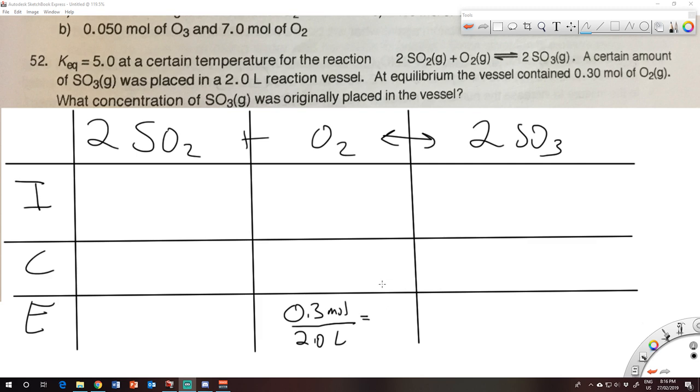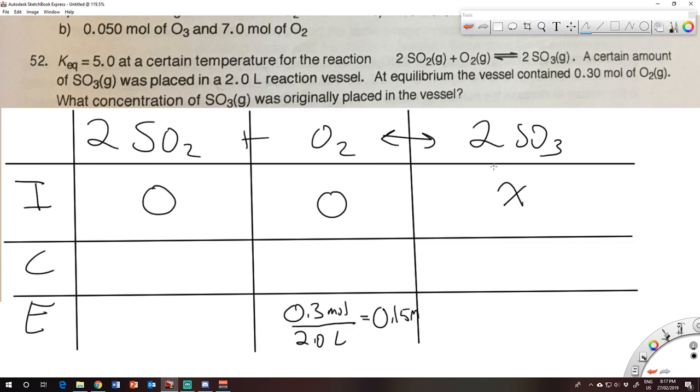It's probably easier to work in concentrations. So 0.3 divided by 2 is 0.15 molar. They say a certain amount of SO3 was placed in a 2-liter vessel, so we'll call this X, and we assume we don't have any of the others because we're not told about it.